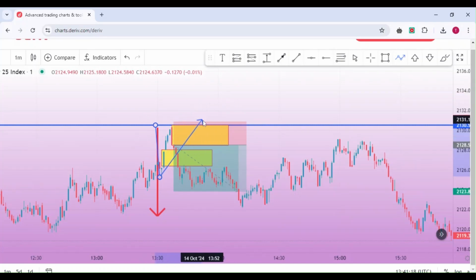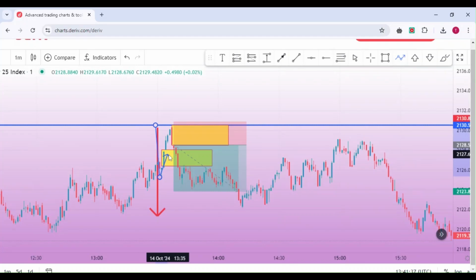So you have identified it on the 15. After coming back to the 1 minute, you wait for the market to make a shift. So you first look for whether the market will make these fair value gaps and a confirmation of a fair value gap.